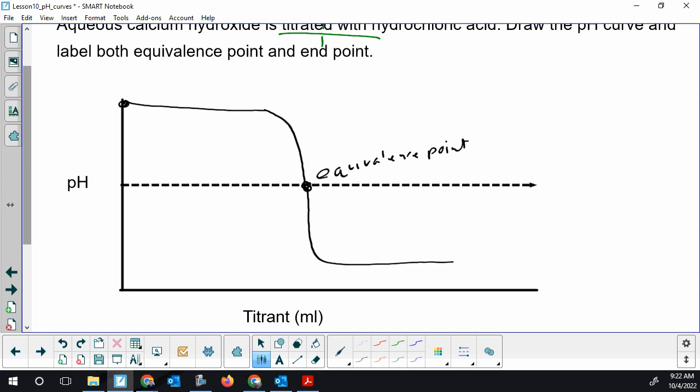We're going to need to pick an indicator somewhere around 7 that's going to change color for us. Now, phenolphthalein isn't going to work. For one, pink going clear is not easy for the human eye to pick out. So it's not a great color change. And then also what doesn't work is where the pH is.